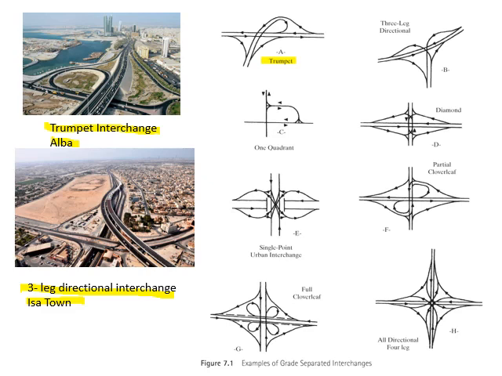This one is a single point urban interchange, which basically means that all ramps are meeting in the same area, this area. And we have all directional four leg interchange, in which all directions have one ramp for left turning and right turning, all of them.